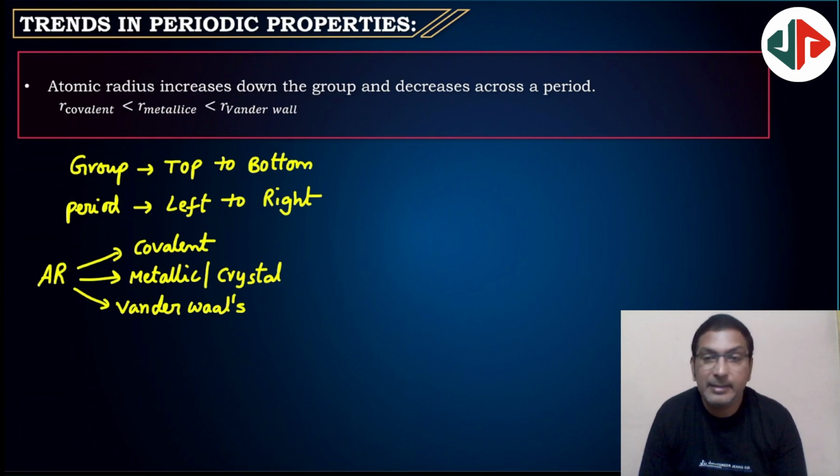So the size order: covalent radius is less than metallic or crystal radius, which is less than van der Waals radius. So van der Waals radius is the highest radius.